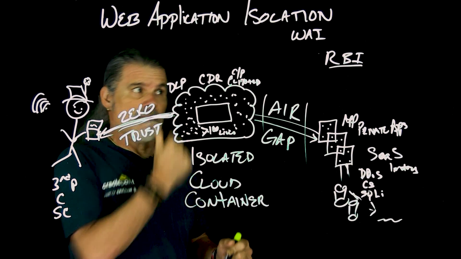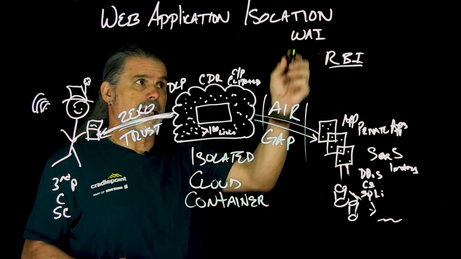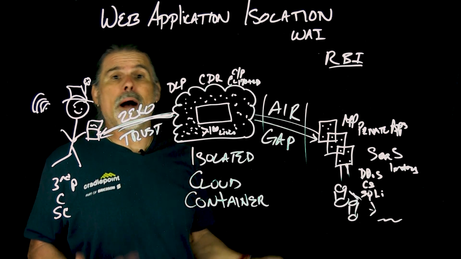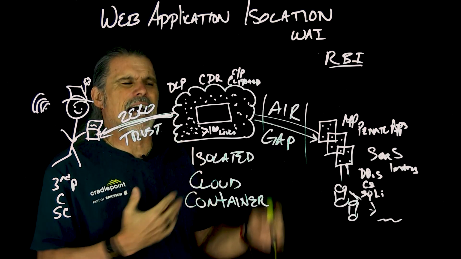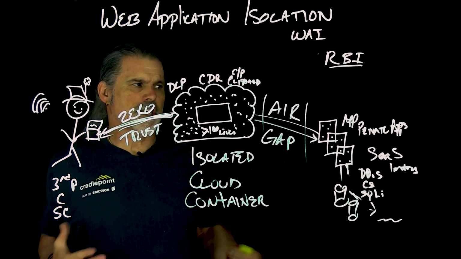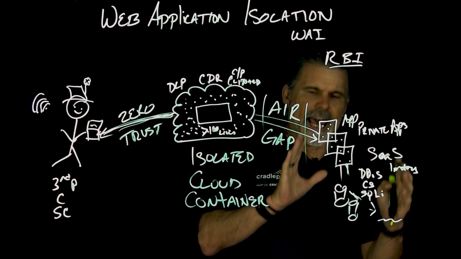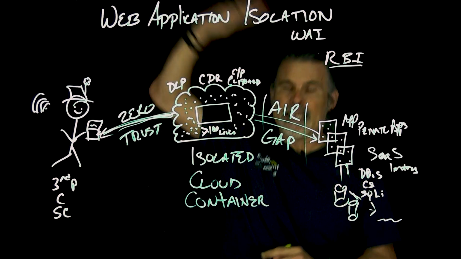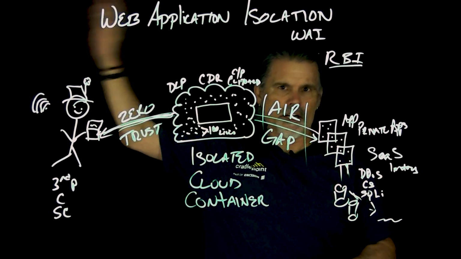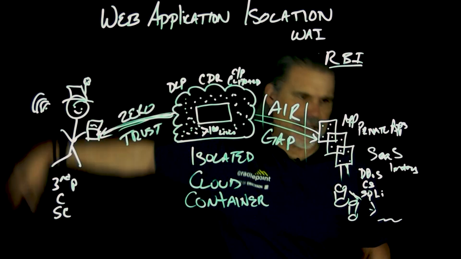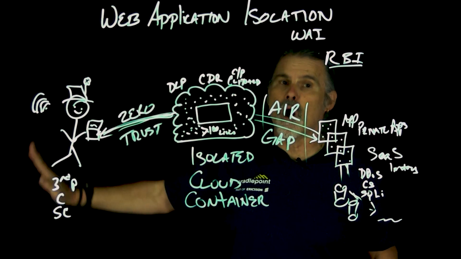Now, some people have asked along the way, can web application isolation replace a web application firewall? And they're kind of two different use cases, really. WAFs are used really to protect the application from the entire internet at large, bots and mischievous actors and ransomware, just the works.